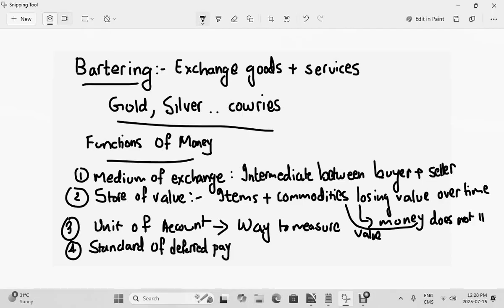What I mean by a standard of deferred payment is that it has to be acceptable to make purchases, to buy and sell things, or pay in the future.